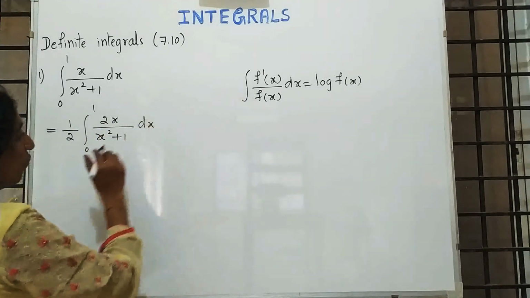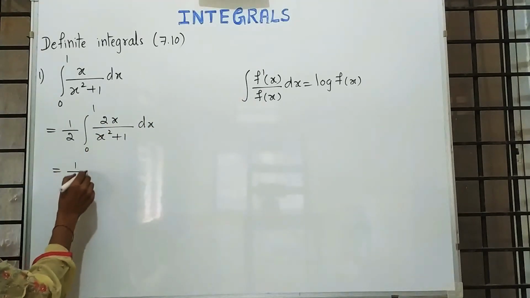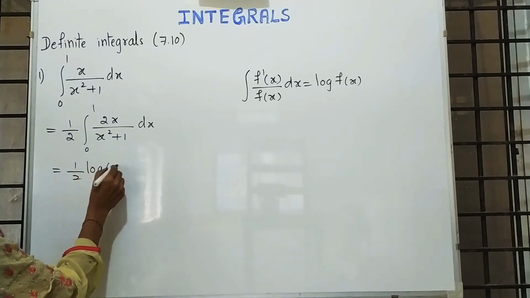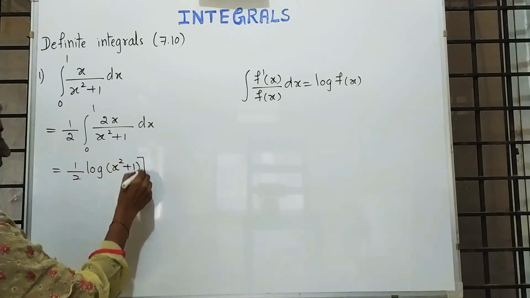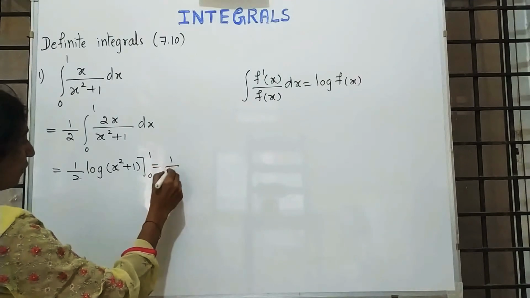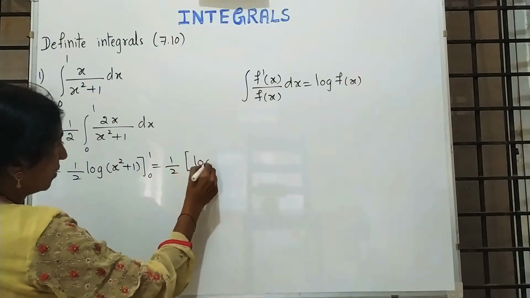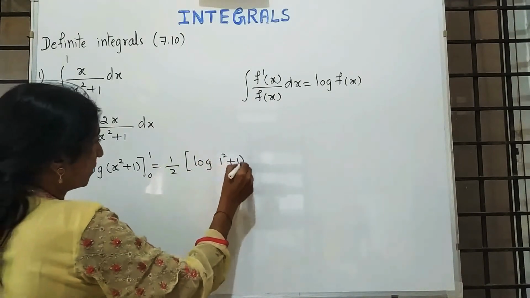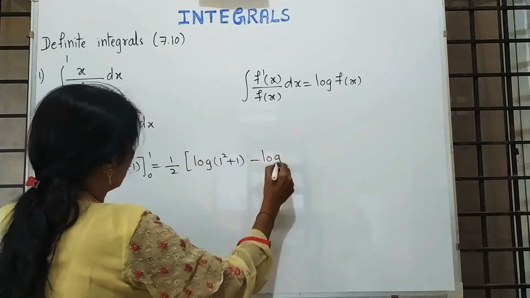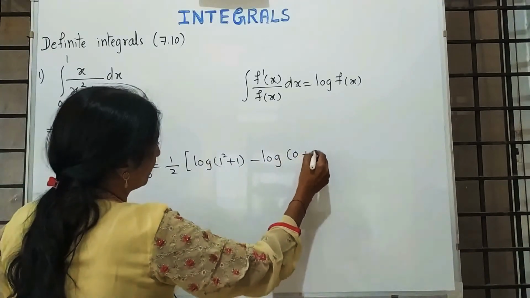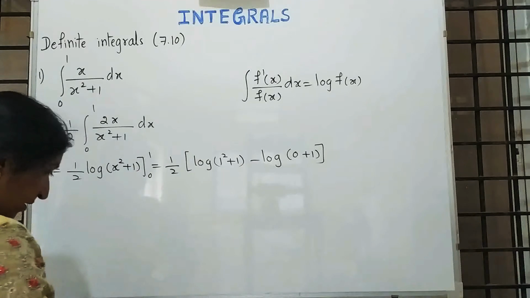Now it is in the form, so it is 1 by 2 log of x square plus 1 from 0 to 1. 1 by 2 as it is, log of 1 square plus 1 minus log of 0 plus 1. Correct.